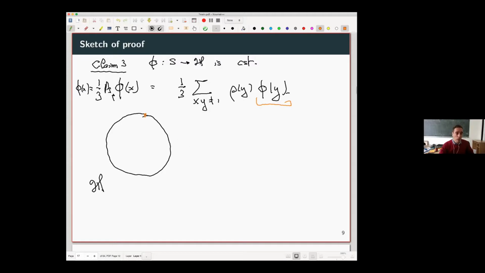So they lie on a certain ball in H. And if I apply this unitary operator, that would not change the norm. So I have a vector like rho a phi a, for instance, maybe it's here. Here maybe that's rho b phi b, etc. And what I do is I take an average of those three vectors, and I get something which still has the same norm, phi of x.